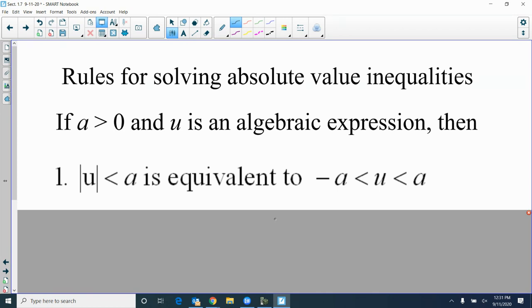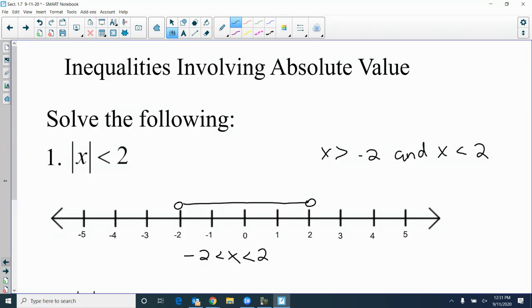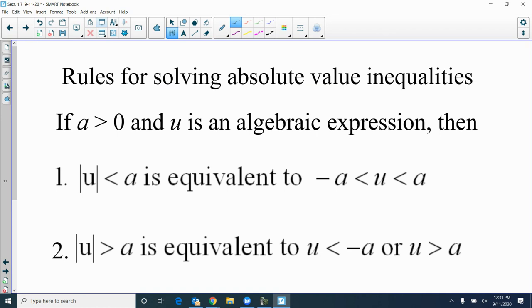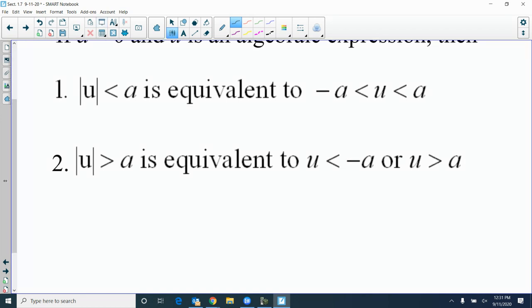Okay, so anytime you have that, that's basically what we just did here. Hopefully it makes sense to trap just x between -2 and 2. All right, the second one has to be written as 2 separate inequalities with the word or.